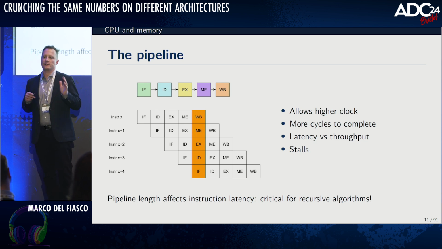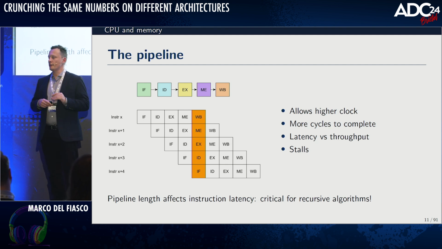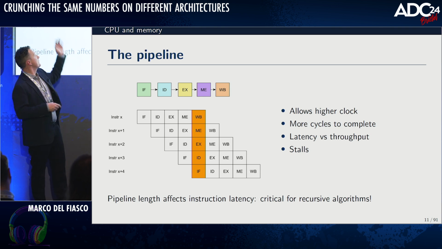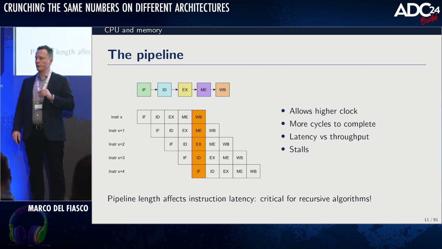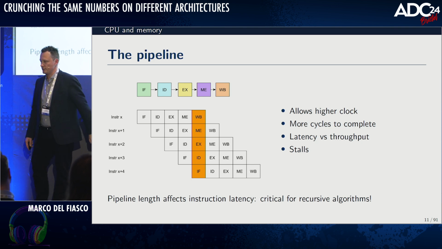So what is the latency? The latency is the number of clock cycles required for the result of an instruction to be ready, while the throughput is the number of instructions per clock cycle that the CPU can fetch. So in this example, the latency is 5 cycles because the instruction needs 5 cycles to complete, while the throughput is 1. So every clock cycle, the CPU will fetch a new instruction.